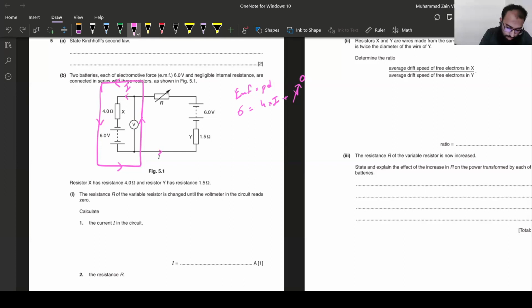So I get this equation: 6 equals 4 times I. So 6 over 4 equals I, and I get 1.5 amperes to be equal to I. Did everyone get how I found I, the current in the circuit?